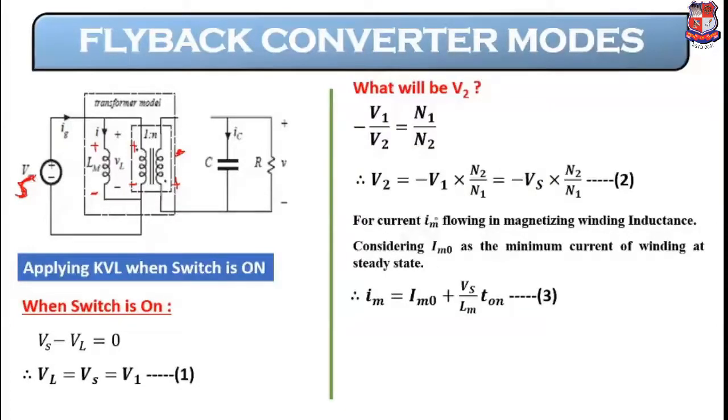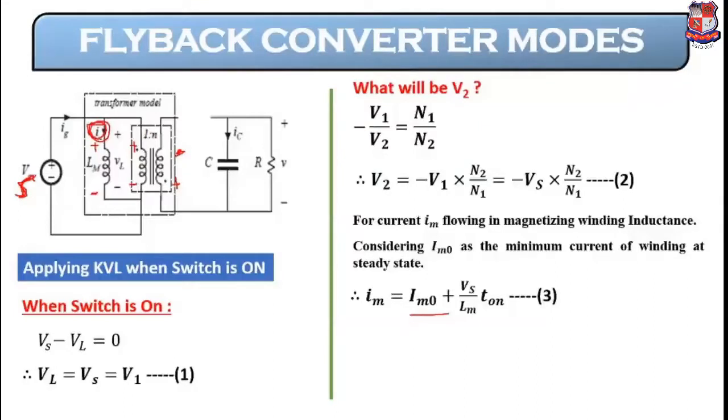So you can say that this Im is nothing but some steady state current, but when the switch is on, some extra current will be flowing from here. That will be nothing but Vs by Lm into Ton. So how have I written this? This is very simple. We know that for the turn on time the supply voltage is connected, so Vs divided by Lm gives this current, which gets added to the Im0.